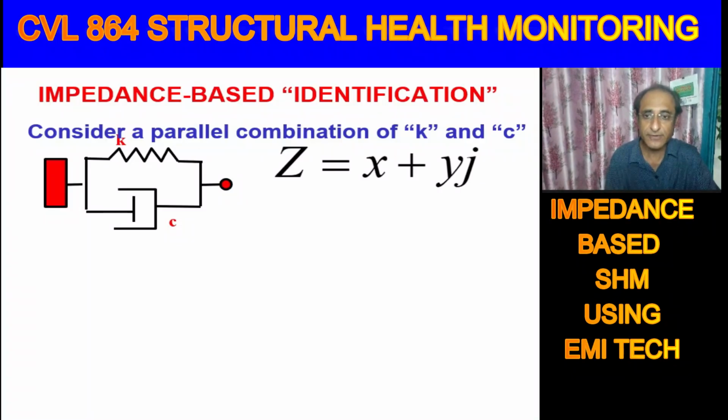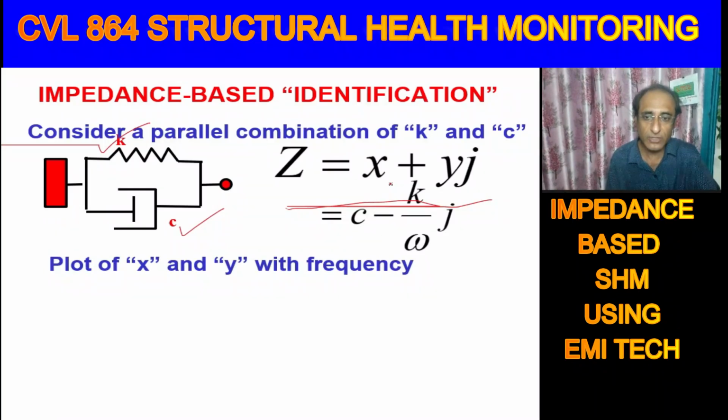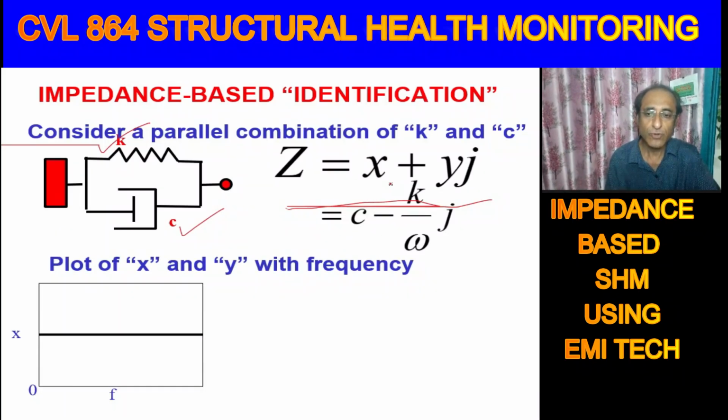For example, here what you see, one spring and one damping element, they are in parallel. So what will be the equivalent impedance? We just use the rules of parallel impedances and we can obtain the value. So this is what will be the outcome for the expression for the mechanical impedance. If we plot x and y with frequency, you will see the response like this. The real part is constant.